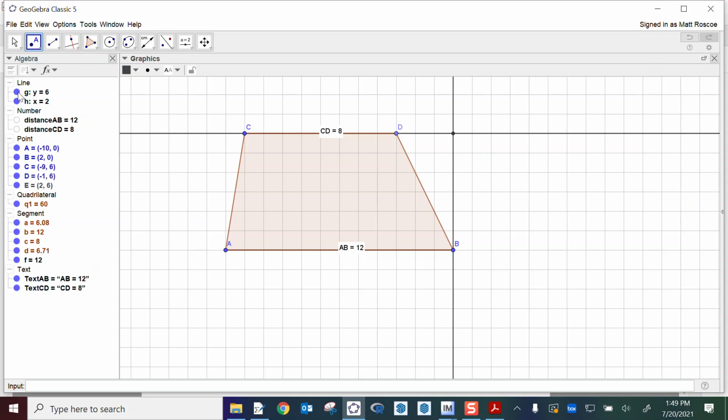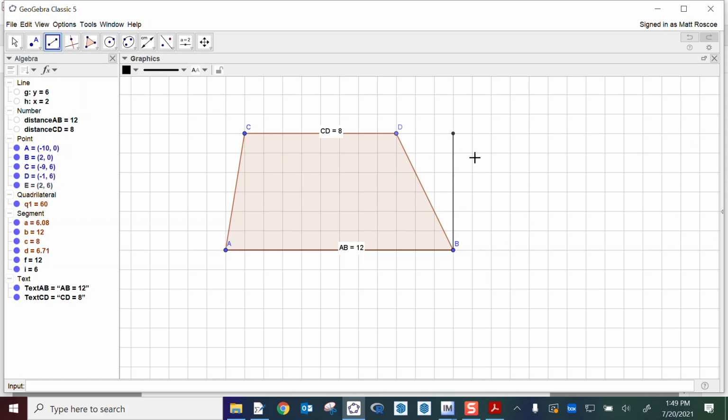So now I'm going to hide both of these lines, and I'm going to put a segment in here, and I'm going to measure its length, and it's 6. And then I'm probably going to change the way it looks, just because I want it to be like a dotted line, like a helper line. And then maybe I add back in this line and make this line a dotted helper line too.